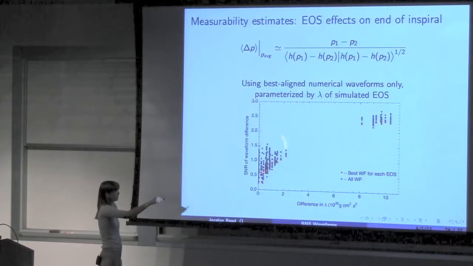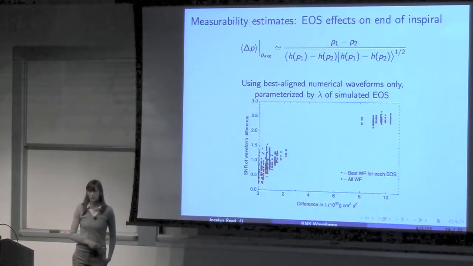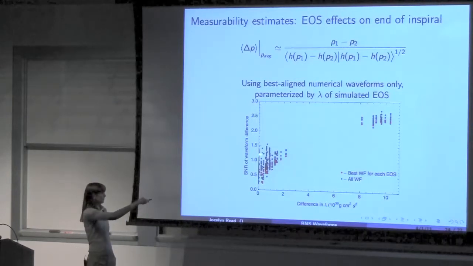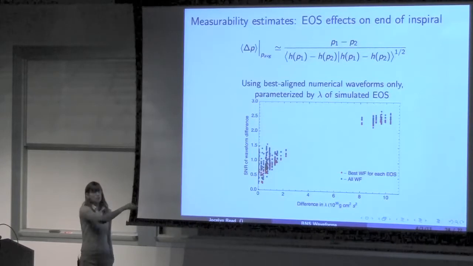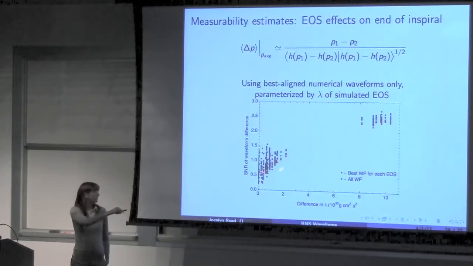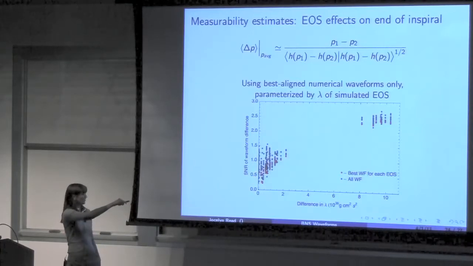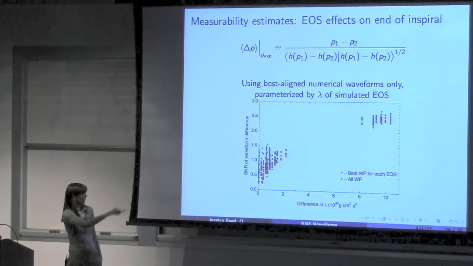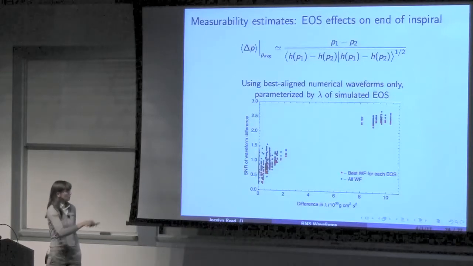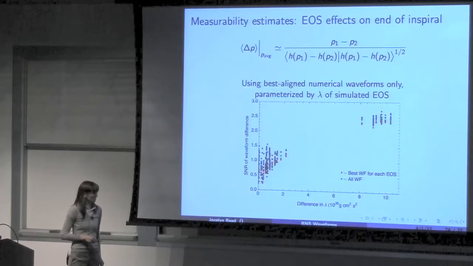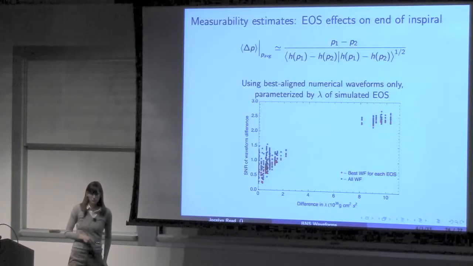One thing is that we have a lot of low resolution numerical waveforms. So this gives you differences that are larger than, these are just selecting the high resolution waveforms in the red here. And then scatter above them is the kind of noise you get from low resolution waveforms.